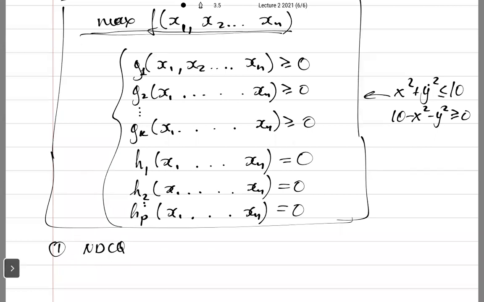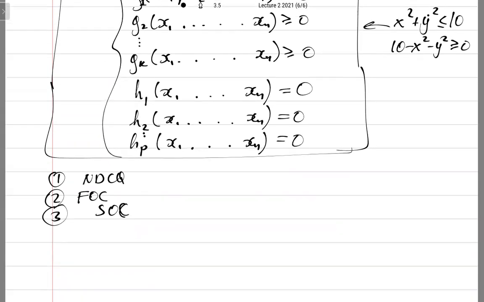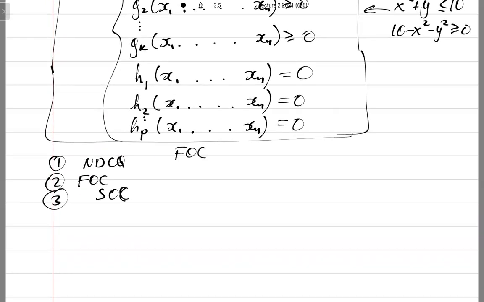But if we speak about the first order condition, and we do not discuss the second order condition yet, the procedure is like before. So we have in NDCQ the first order condition and the second order condition. Now let's discuss the first order condition in general.